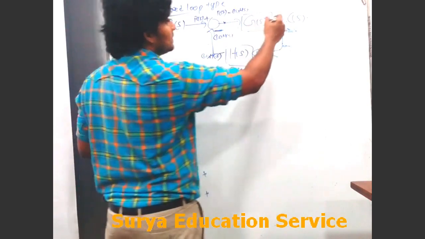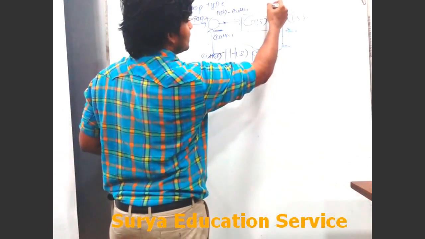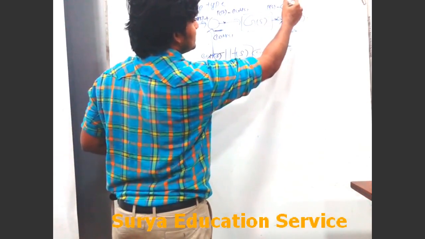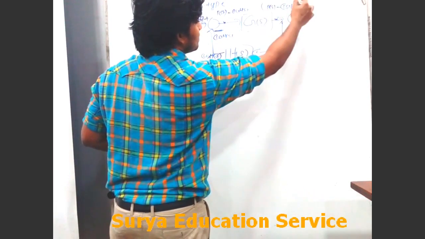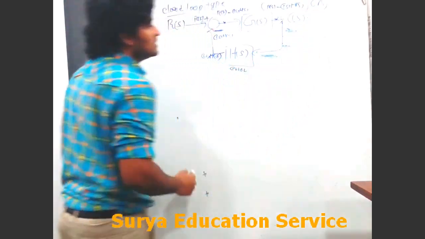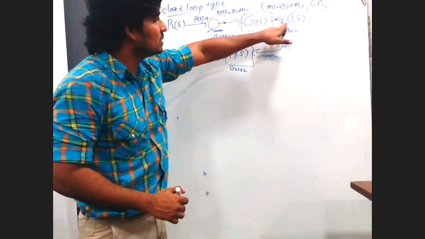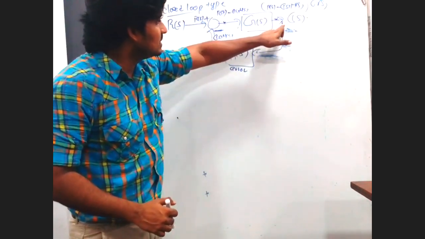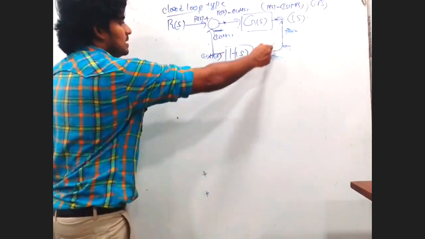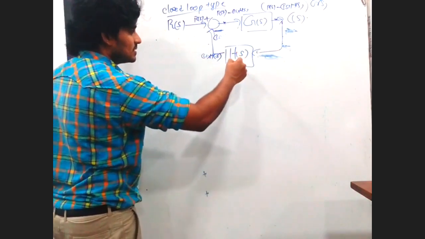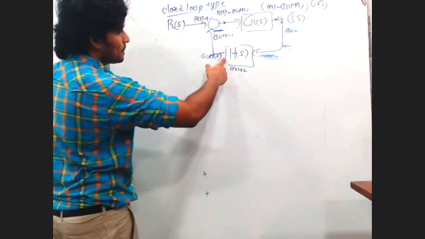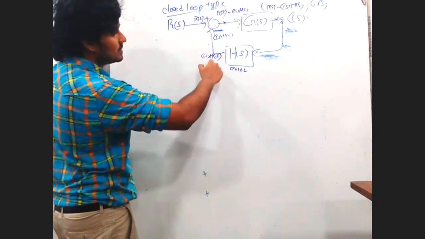The final result here will be Rs minus Cs Hs, multiplied by Gs. Here we have the desired input, and this is the output, which is Cs. Cs is fed back through the block Hs, and the signal is released as Cs times Hs.